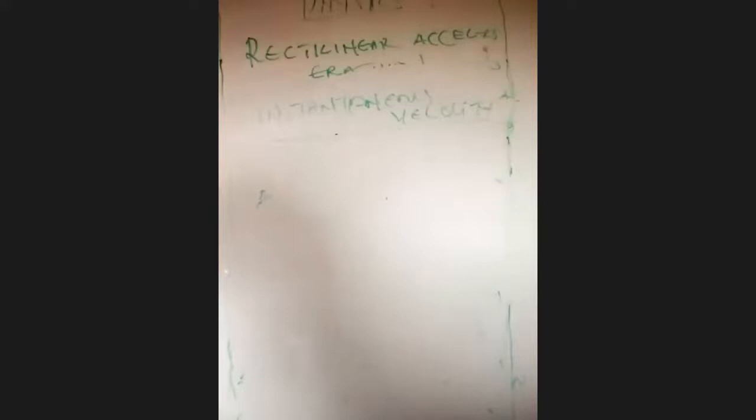Now, the instantaneous velocity can be found by differentiating the displacement with respect to time. So we can find instantaneous velocity just by differentiating the displacement with respect to time. With that, we can find the instantaneous velocity.